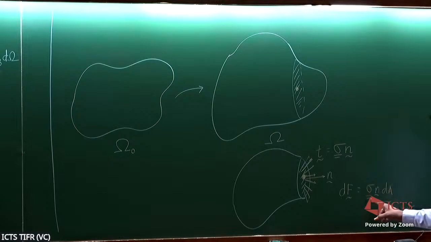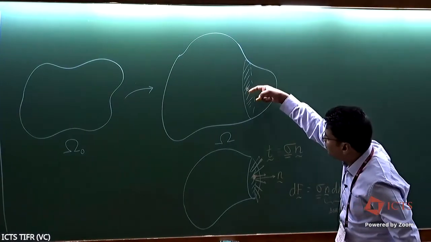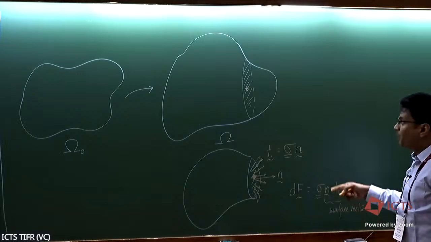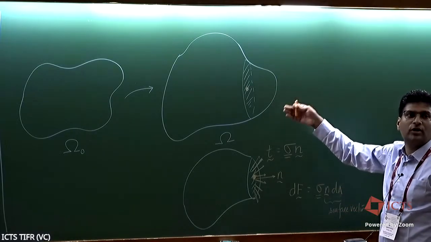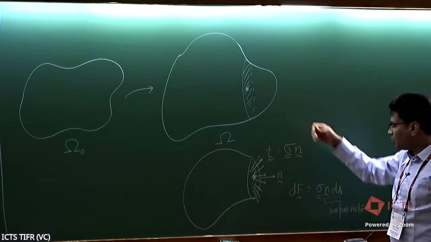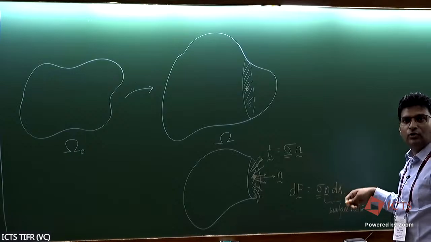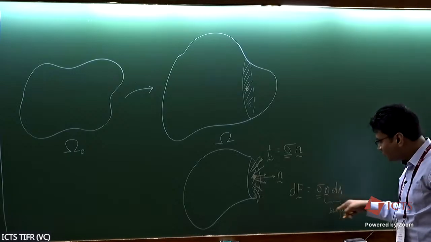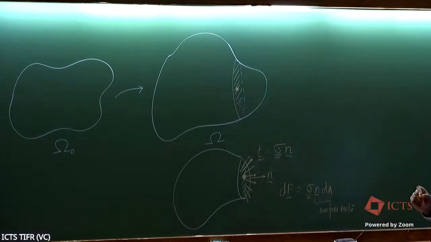So sigma into n is giving you the Cauchy traction, the actual distributed load that is present here, per unit deformed area. Traction is force per unit deformed area. Therefore, when you multiply with the deformed area, you get the total force acting on this small surface.